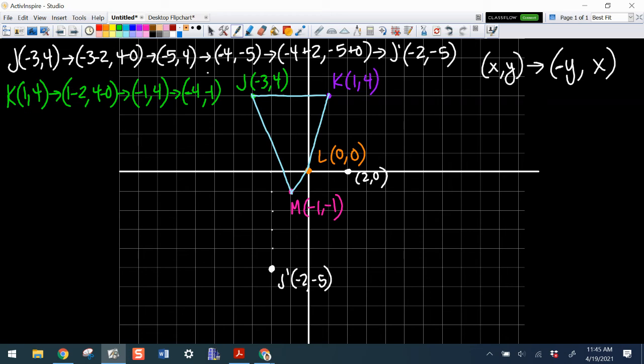Now we need to add our center of rotation back, which will be adding +2 and adding 0. So K prime will be located at -4 + 2, which is -2, and -1 + 0, which is -1. So K prime will be located at -2, -1.